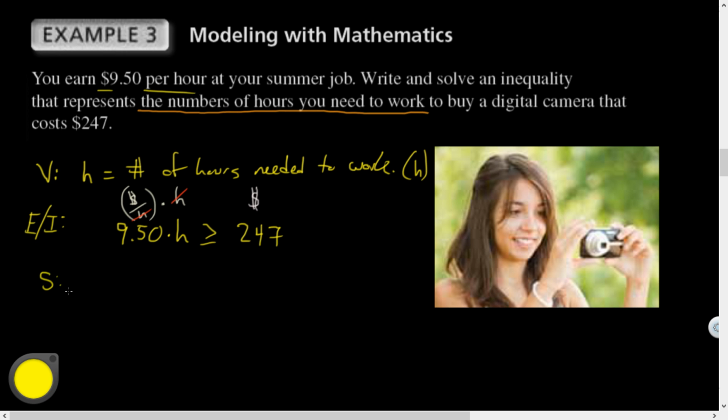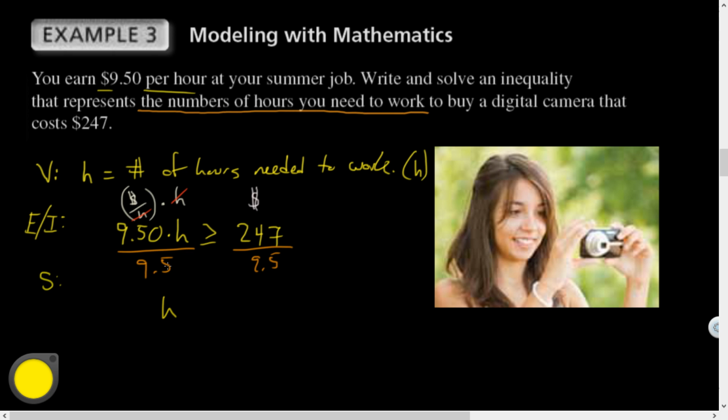Let's solve this inequality. So H is being multiplied by 9.5. Let us divide both sides by 9.5. Divide by 9.5, I will get H. Now, did I multiply or divide by a negative here? I divided, but was it negative? No. So do I have to flip the inequality?